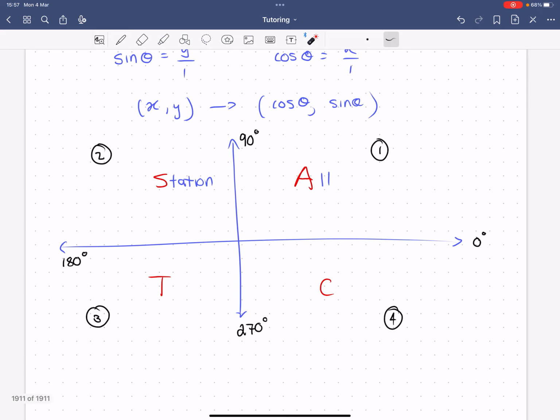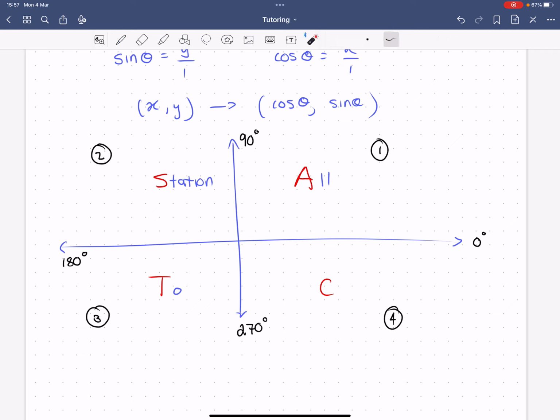Now in the third quadrant, we've got negative x's and negative y's. So both sine and cos are negative, and because those two are negative, it actually makes tan positive. That's what the 2 stands for in All Stations to Central. Tan is positive in the third quadrant, the other 2 are negative.